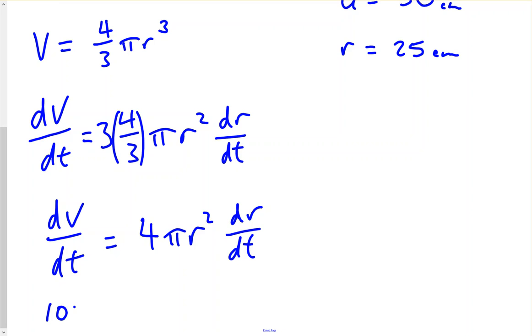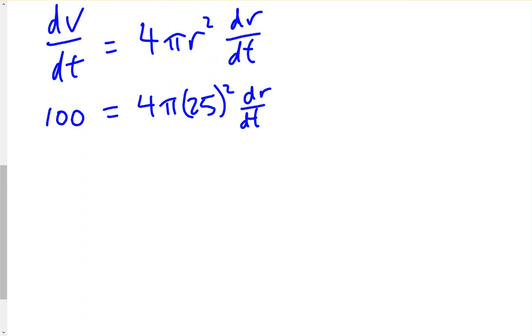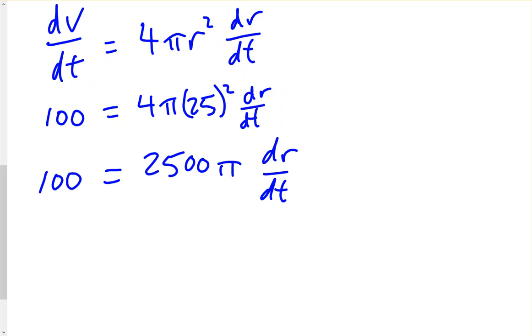So we have 100 equals 4 pi times 25 squared times dr/dt. That's 4 times 625, which is 2500. So we have 2500 pi dr/dt equals 100. We can divide both sides by 2500 pi.